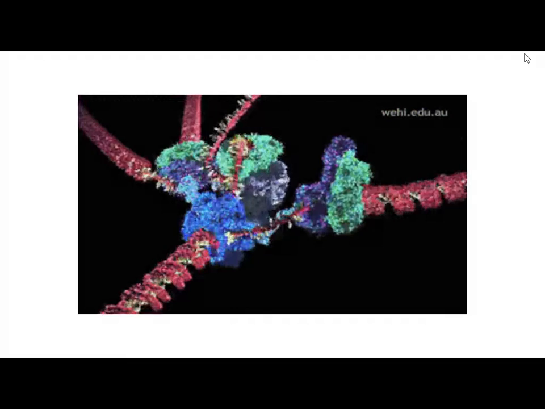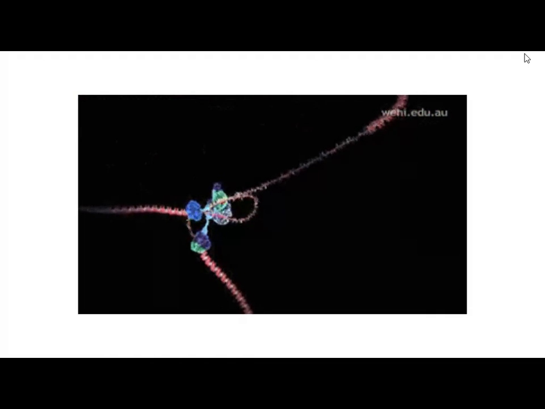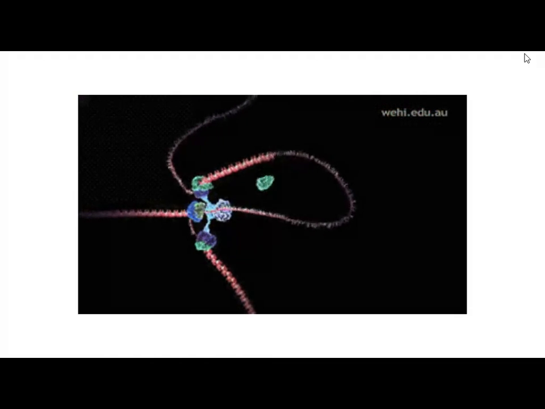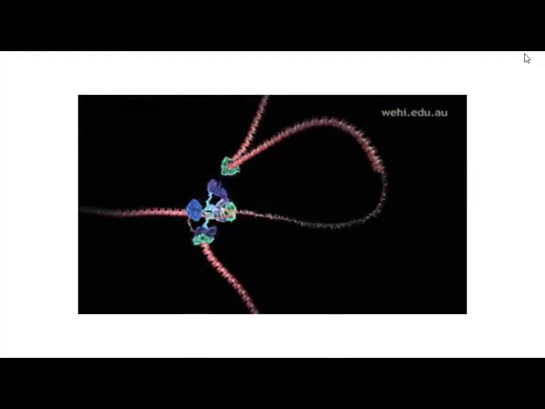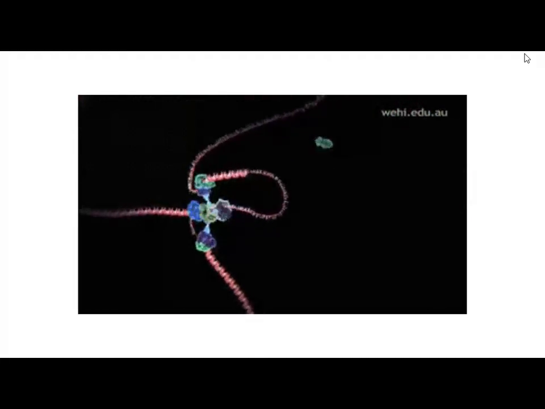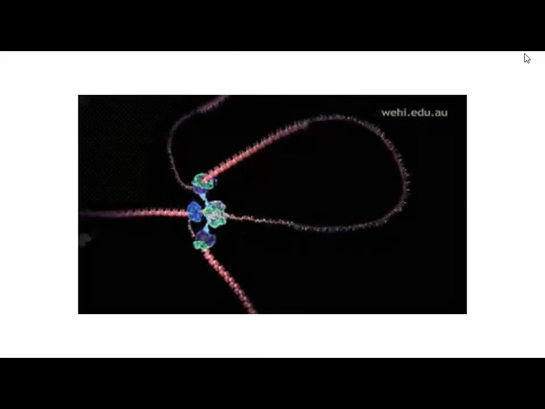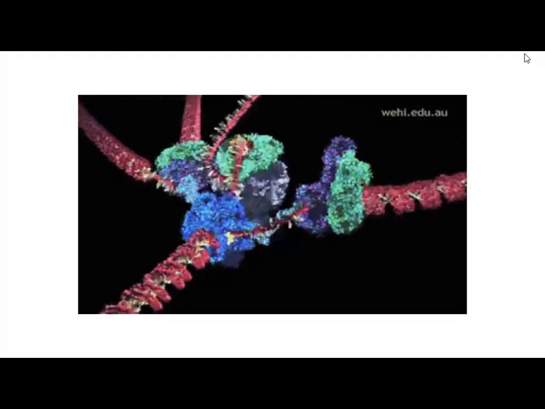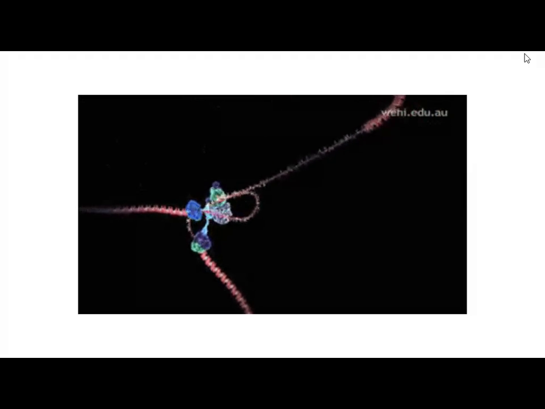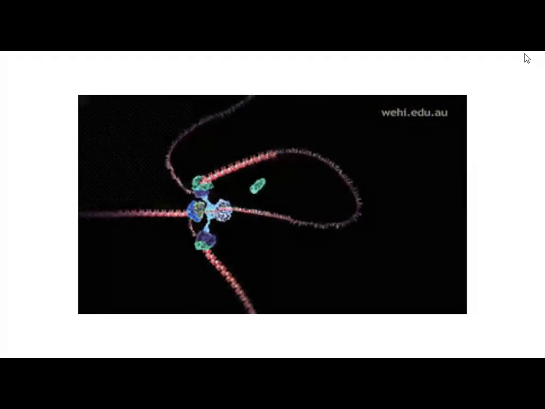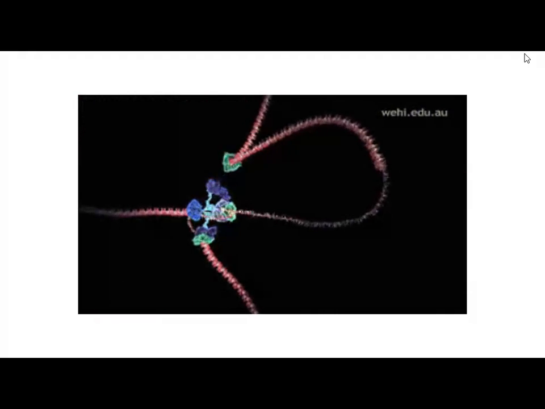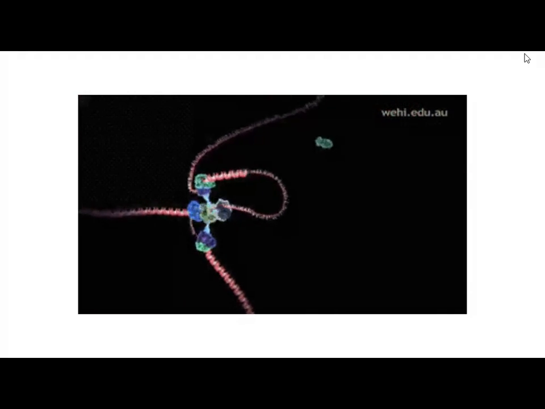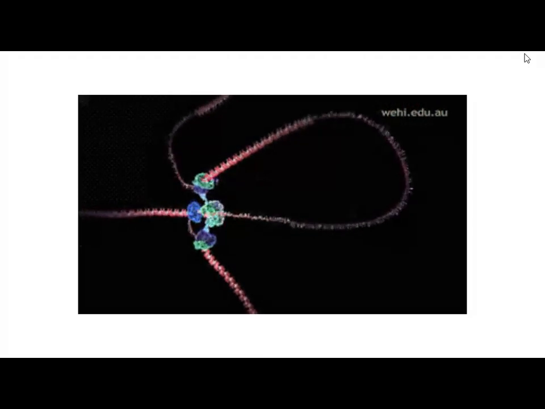One is going this way, and one is going this way. This one right here is just going and going. It's our leading strand. We've got a DNA polymerase right here that's adding all of our nucleotides. But this strand right here has a lot more stuff going on.